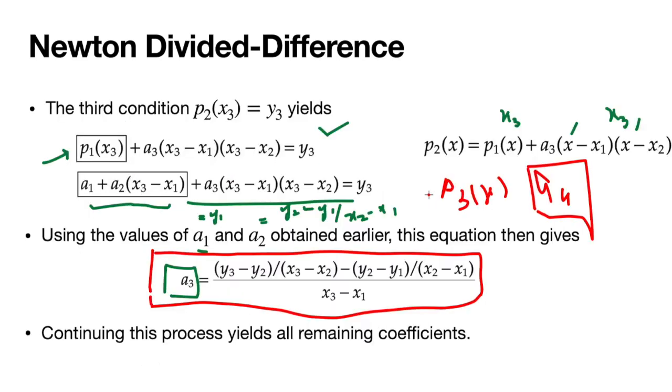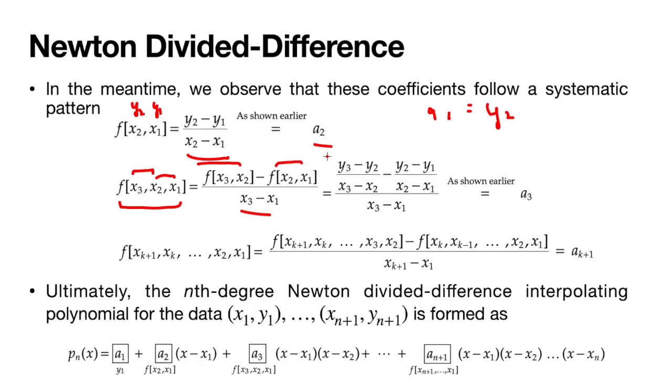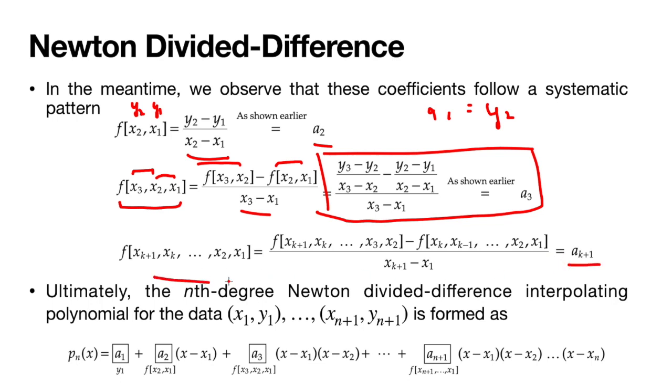This a3 we calculated is just the same as these equations here. So we can find the general trend. If we have a(k+1), we can use the similar trend to calculate the value of that coefficient.